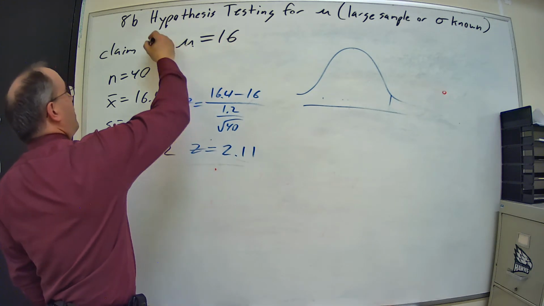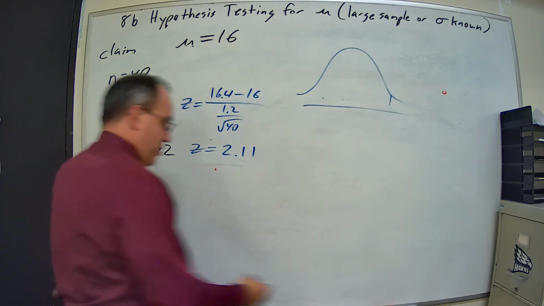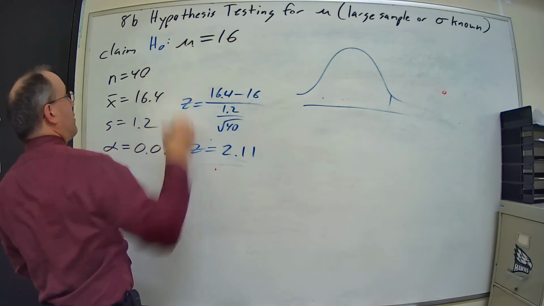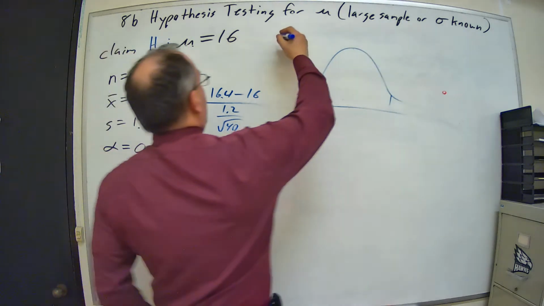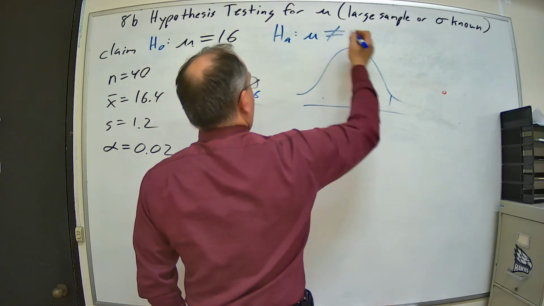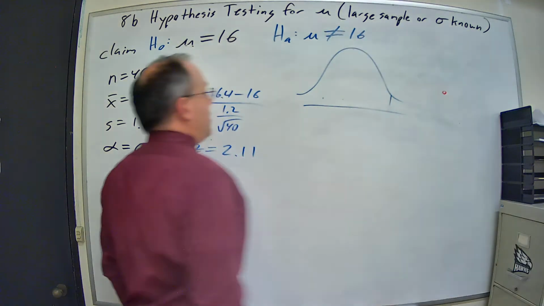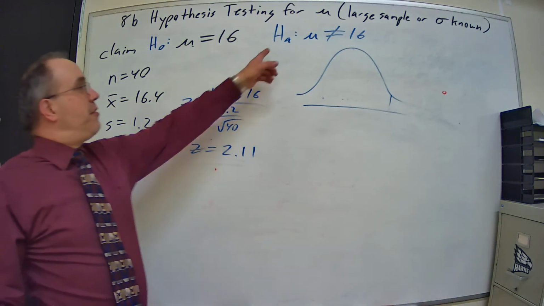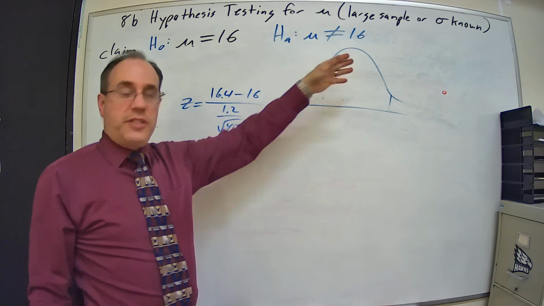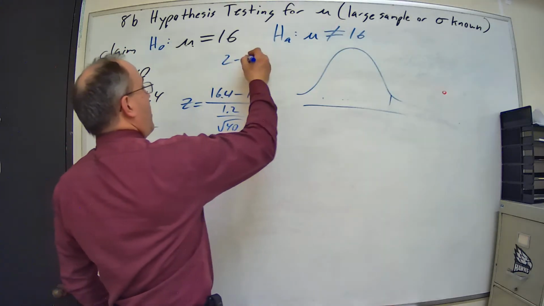Includes equality, that is the null hypothesis. So the alternative hypothesis is that mu is not equal to 16. If the alternative hypothesis is not equal to, it splits it into two pieces, so it is two-tailed.